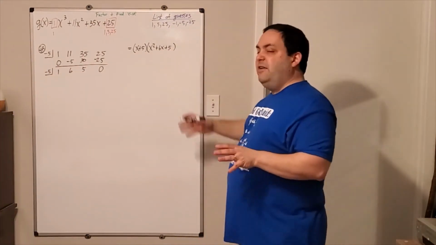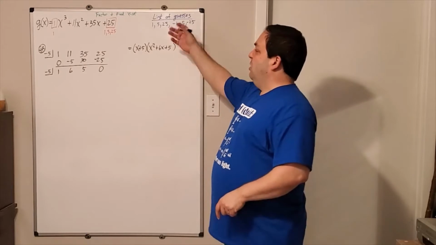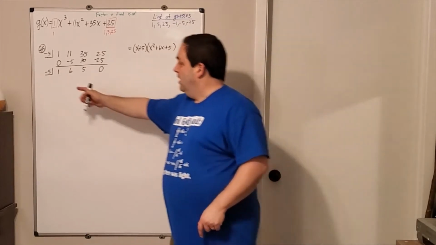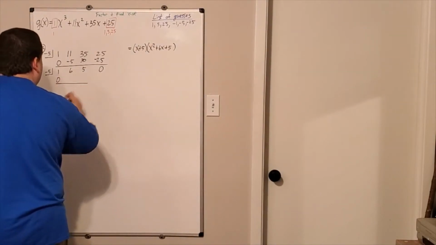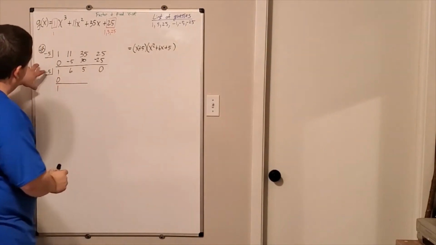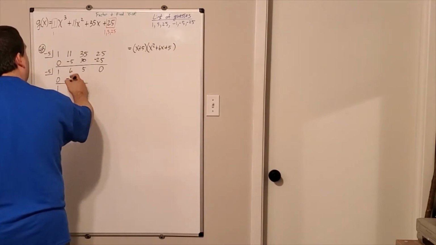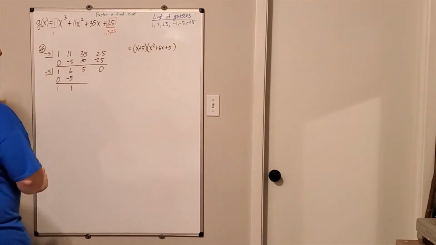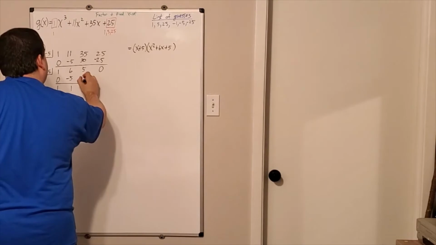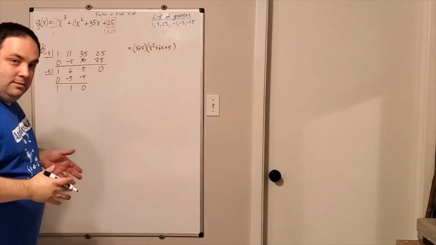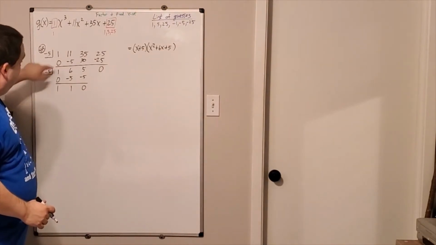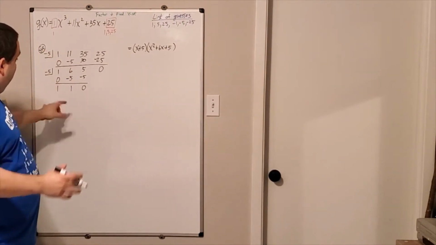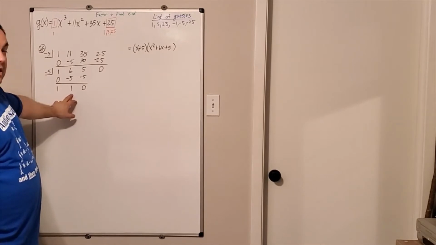And you can do that whenever you want, right? -5 technically hasn't failed yet, so I'm not taking it off the list. -5 in the box again, put another 0, draw a line, 1, right? -5 times 1 is -5, add, get a 1. -5 times 1 is -5, get a 0 again. It worked again. That's the same factor twice in the same polynomial. Plus, it's finished. Look, it's x and the numbers left over.